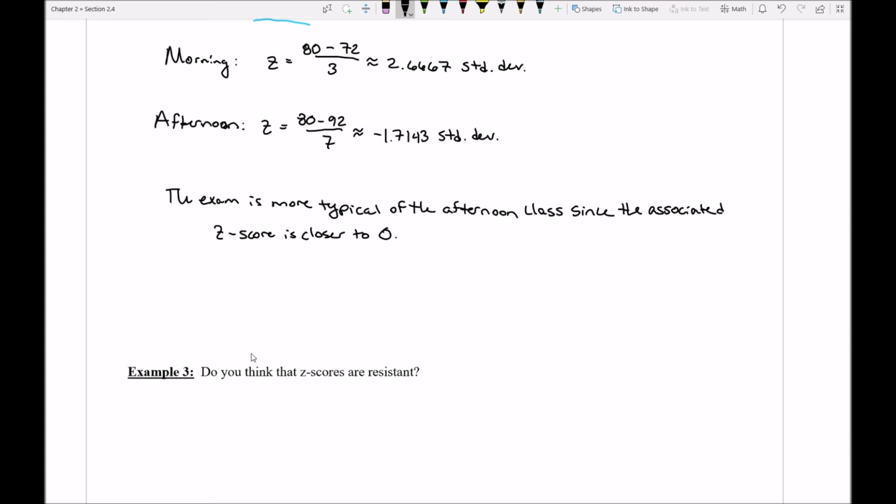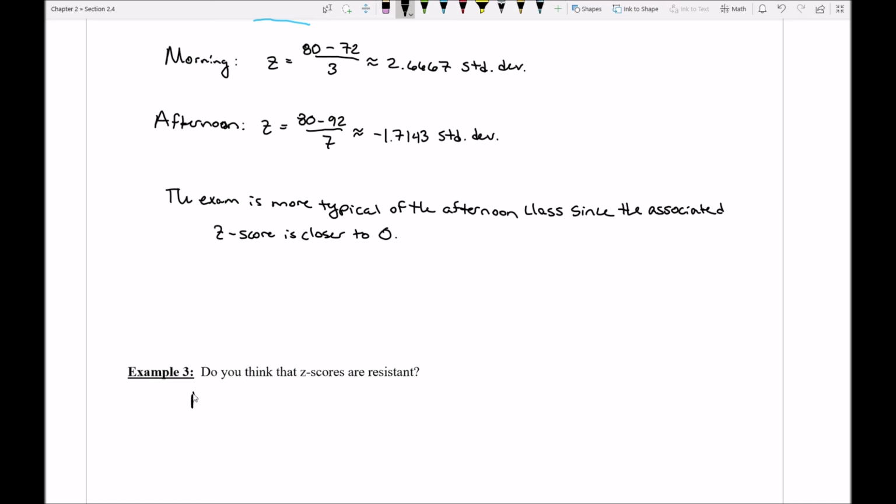And if you think about the way that a z-score is calculated, remember that we're always calculating it here with a mean and a standard deviation, right? 92 was a mean, 7 was a standard deviation down here as well. And so were means and standard deviations resistant?